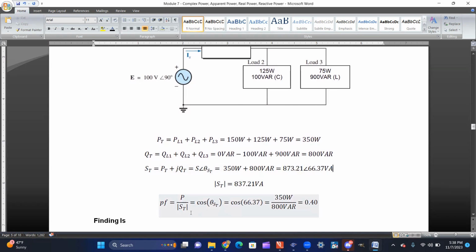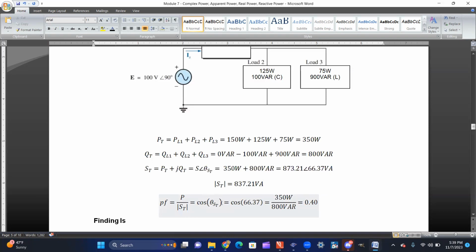Now we can simply take our power divided by our apparent power and calculate our power factor. At the same time, if we take the cosine of our complex power angle, we can also calculate the power factor. So there are a lot of different ways you can calculate this power factor.